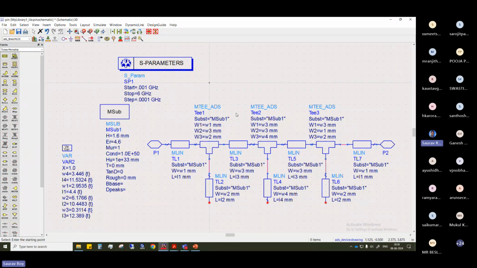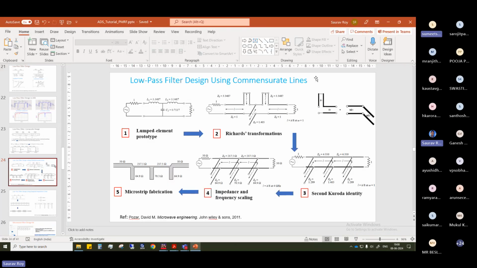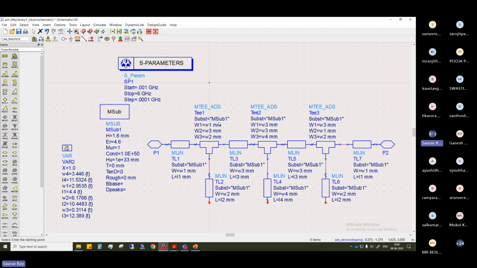So once these are given, you can just simulate. The components come just from your design steps here. You have to follow them one by one and then come back here in the fifth step. Once this is known, you can just do it here. Okay, and that is nothing a big deal. And as usual, you can do some tuning here, length and width, all this you can play with a little bit.